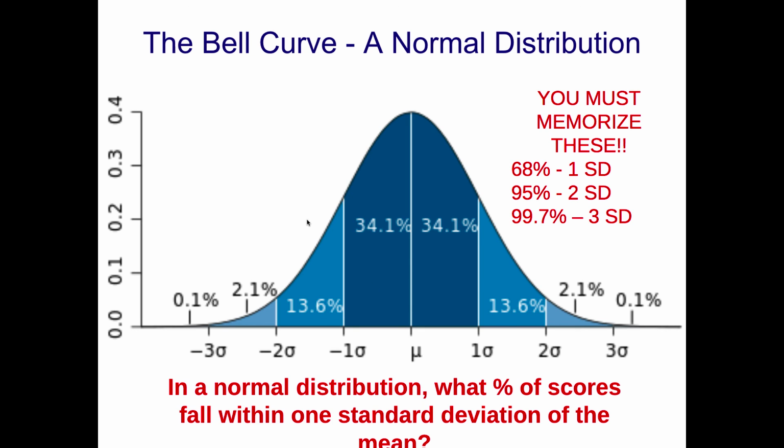So something like IQ, note I'm not saying intelligence, but IQ specifically, because IQ is a score. We could argue whether or not IQ is a good measure of intelligence. But anyway, this is how IQ scores are distributed in this type of a normal curve.